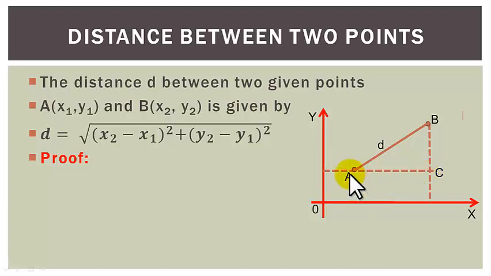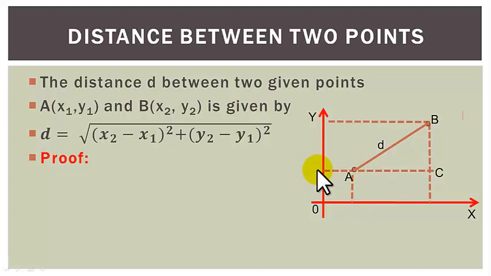Therefore, triangle ABC is a right angle triangle with right angle at the point C. Now, let us drop a perpendicular from A on the x-axis and also drop a perpendicular from B on the y-axis. We recall that the coordinate of the point A is x1, y1.